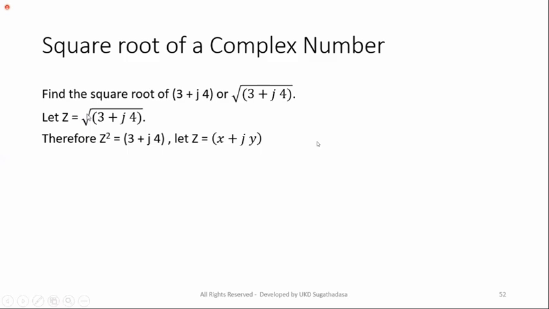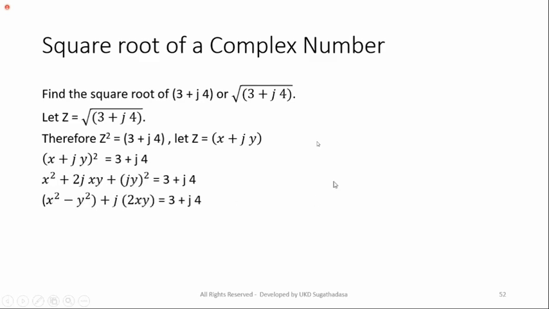Complex number means it includes all the number systems in the world, so you may get a real number, a rational number, whatever, it doesn't matter. Then replace the value there: x plus jy squared equals 3 plus j4. Now expand.